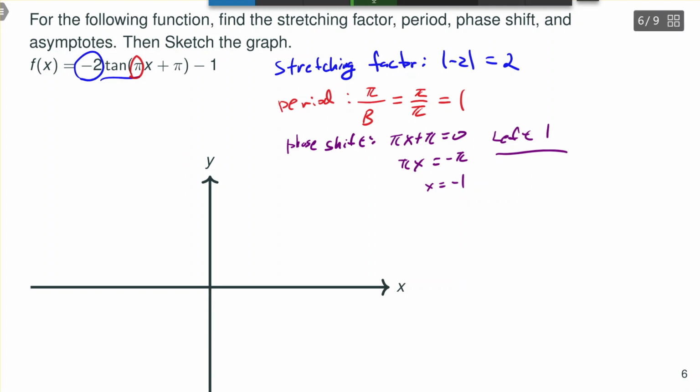Now that we found the stretch factor, period, and phase shift, we have to find the asymptotes. For sketching the tangent function, having asymptotes will help us determine the period and phase shift.